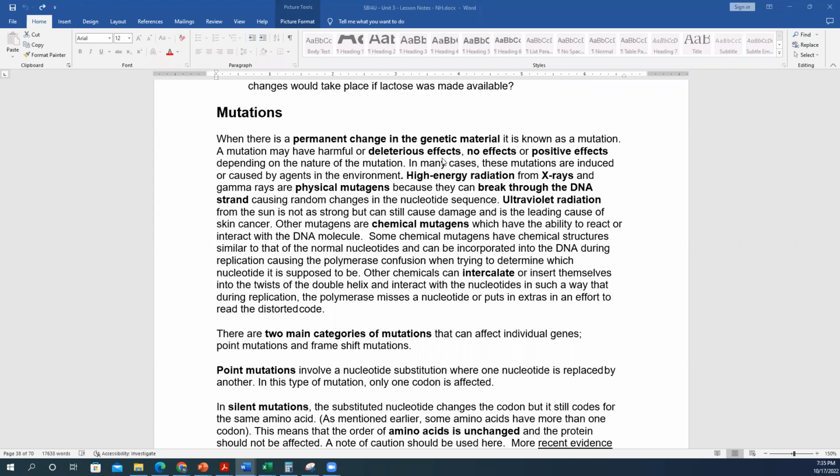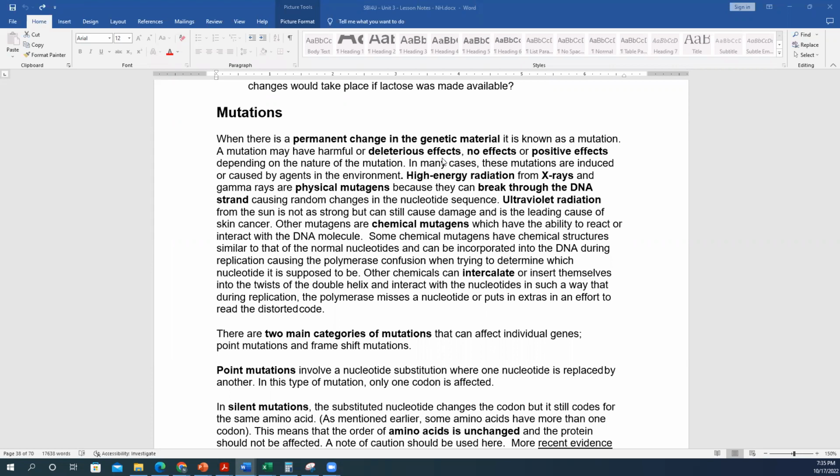And if that happens, DNA polymerase can no longer recognize the sequence, because it is not any of the nucleotides that it has learned to recognize, and it causes confusion. And when it's trying to determine what nucleotide it should insert, it causes maybe some missense or nonsense mutations.